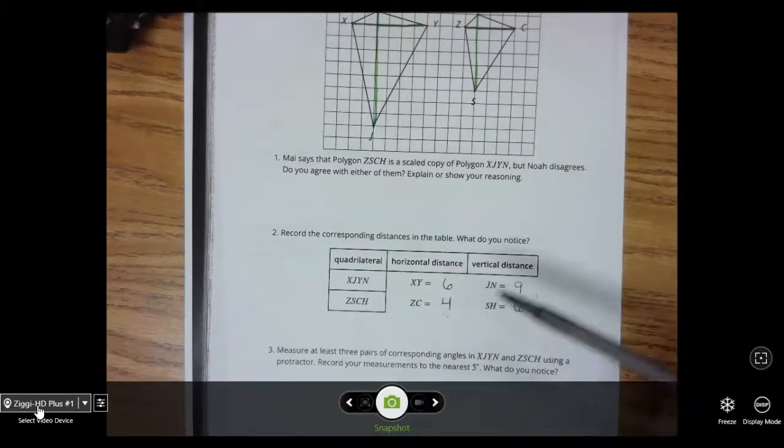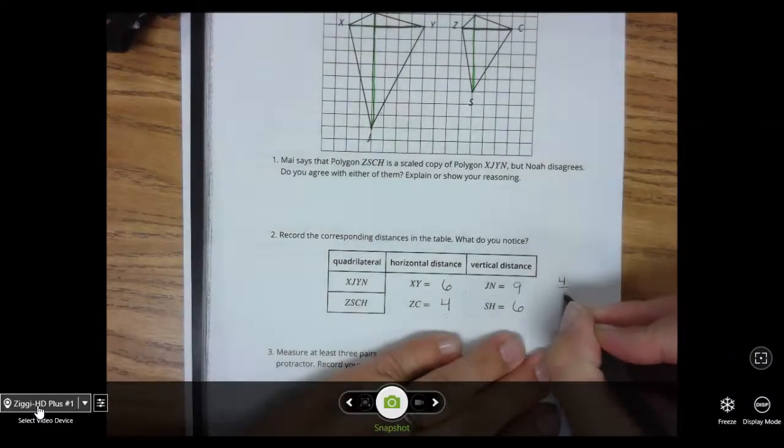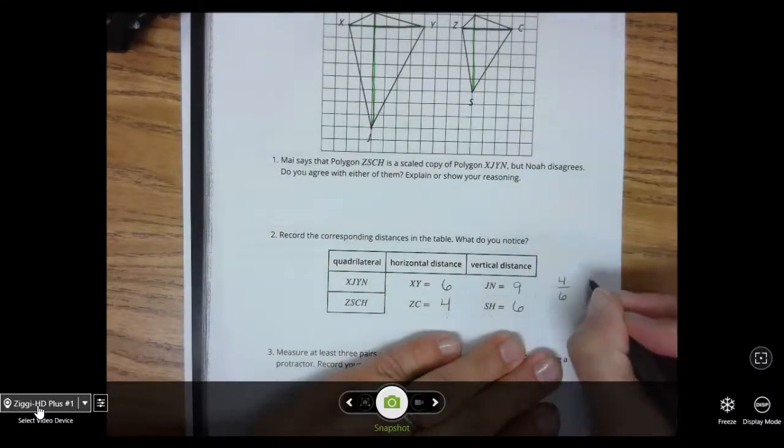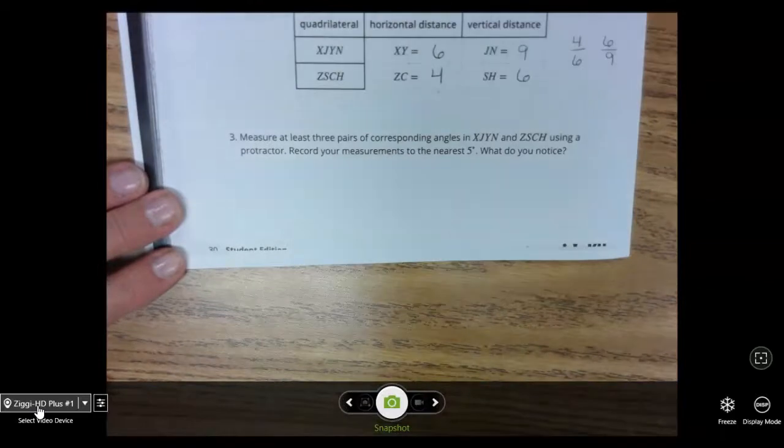If I turn them into a ratio, I would have 4/6 and 6/9. Are those the same? Are they equivalent ratios? Well, hopefully you said yes, they are both equivalent to 2/3.